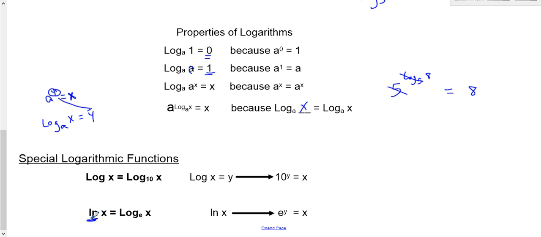The ln part is the same thing as log base e. So if I have ln of x, I have log base e of x. And to write that in exponential format, if I have ln of x equals y, that's e to the y equals x.